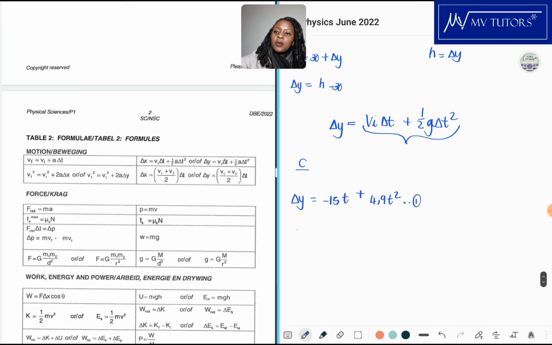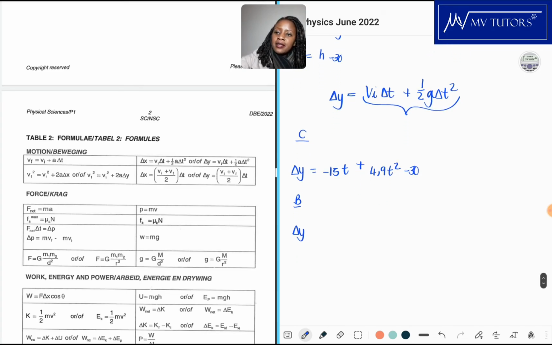And then for ball B, I forgot the 30. I wrote it up there and now I'm forgetting it here. It's actually negative 30. And then here delta y, I have negative 40, but remember t, we have to subtract 0,5 seconds.